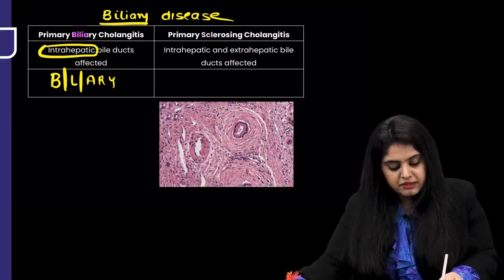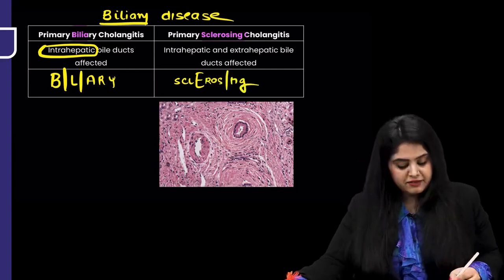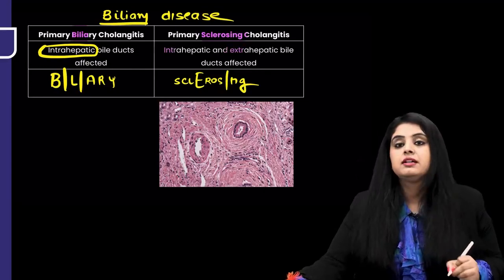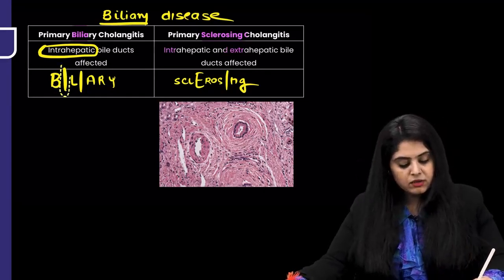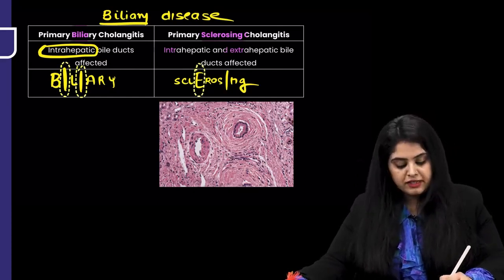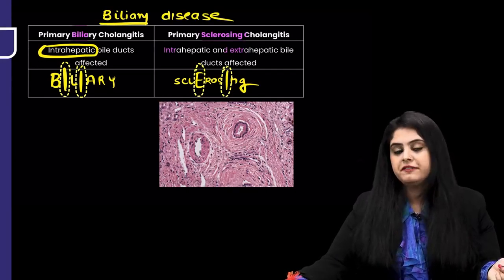Whereas if you write primary sclerosing, I can see both E and I getting affected, meaning both extra and intrahepatic bile ducts. Lives become easier, no? Repeating, in biliary cholangitis, only intrahepatic bile ducts are affected. In sclerosing cholangitis, intra and extrahepatic bile ducts are being affected.